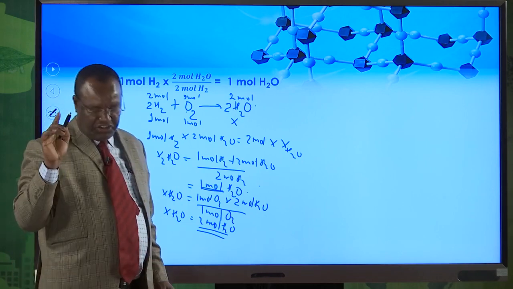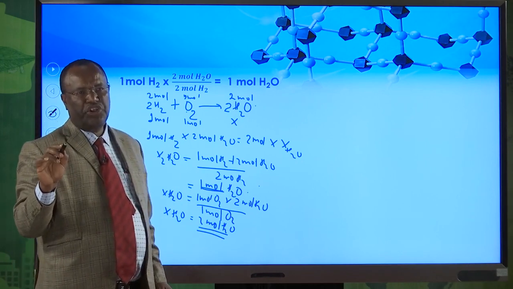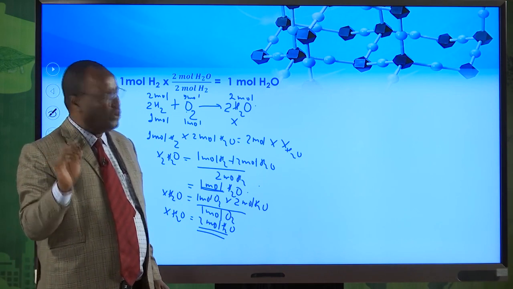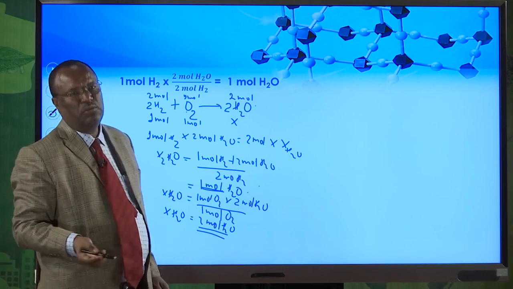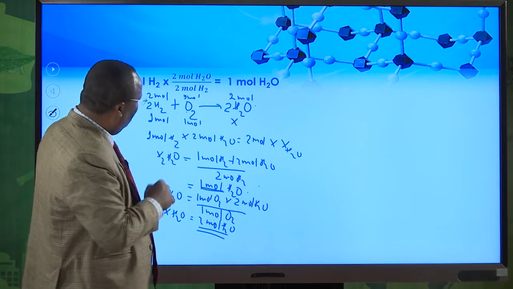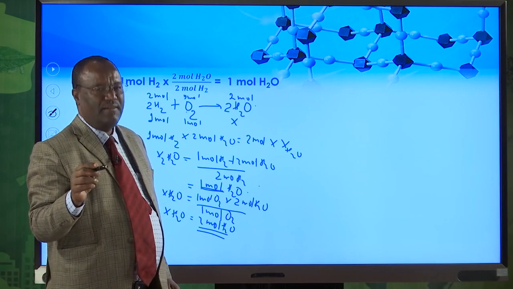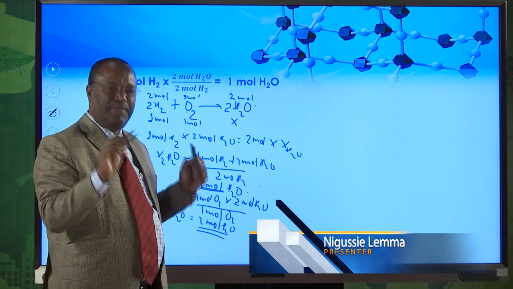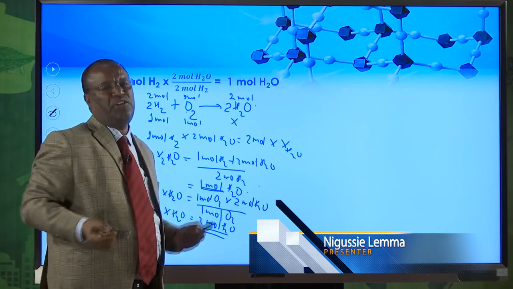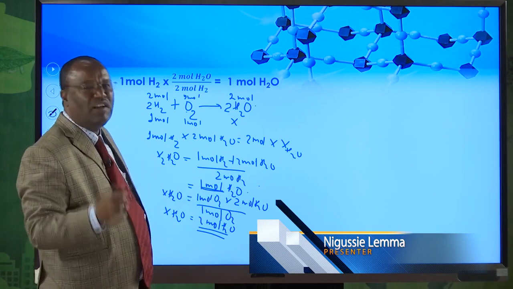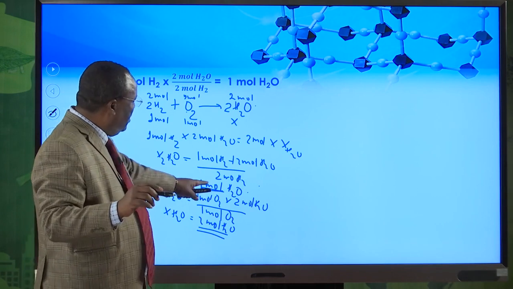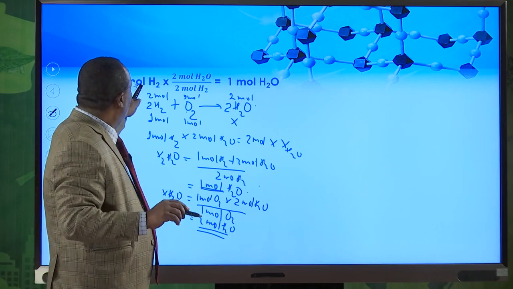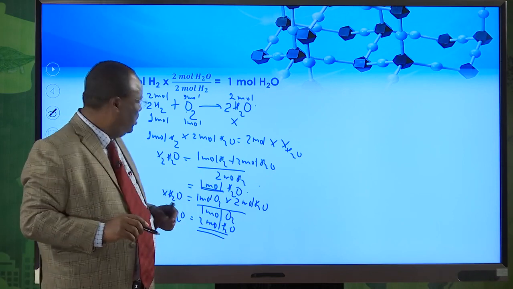Is it oxygen or hydrogen that limits the amount of water molecules produced in this reaction? Which one is the limiting reactant and which one is the excess reactant? The limiting reactant is the reactant that gives us the lesser amount of product. Less product is obtained if you use 1 mole of hydrogen.